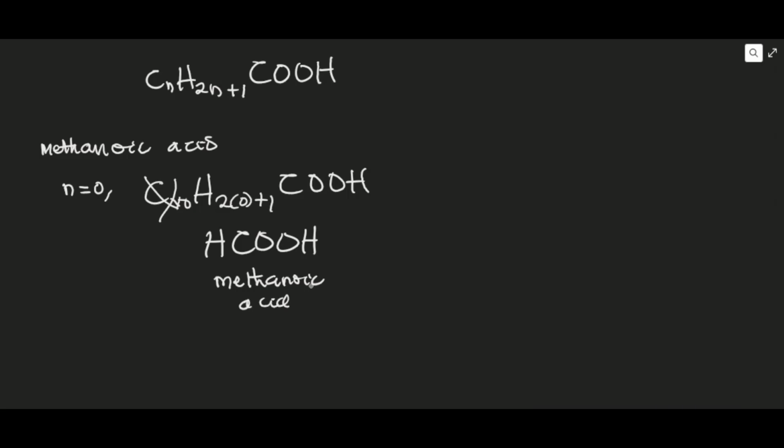The second member is when n equals 1, and that is going to be ethanoic acid. If n equals 1, we are going to have C1, H2 times 1, 2 plus 1, 3, and then COOH, which is CH3COOH.